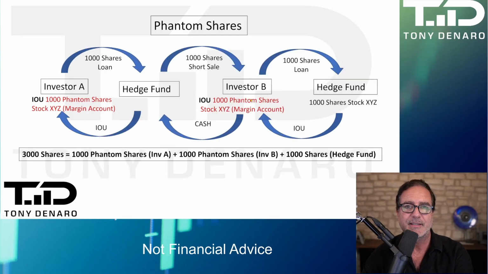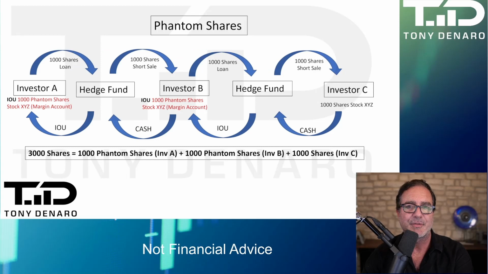However, if investor B also has a margin account, now his broker can loan out those shares. So let's say another hedge fund borrows those shares. Now we have 3,000 shares in circulation. Investor A has an IOU, investor B has an IOU, and the second hedge fund has the 1,000 shares of stock.